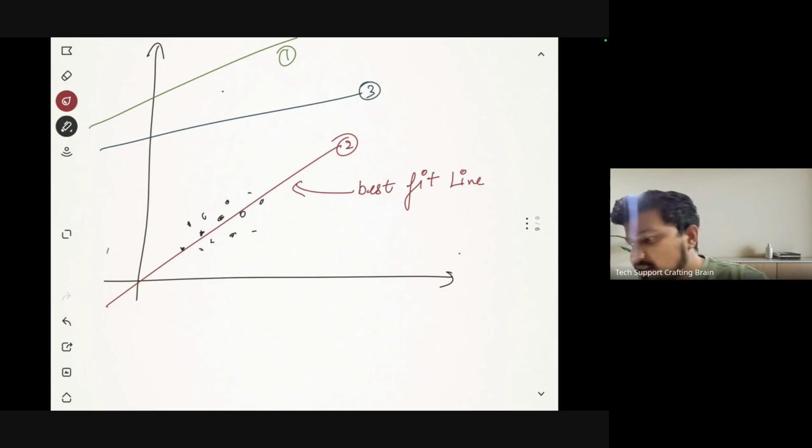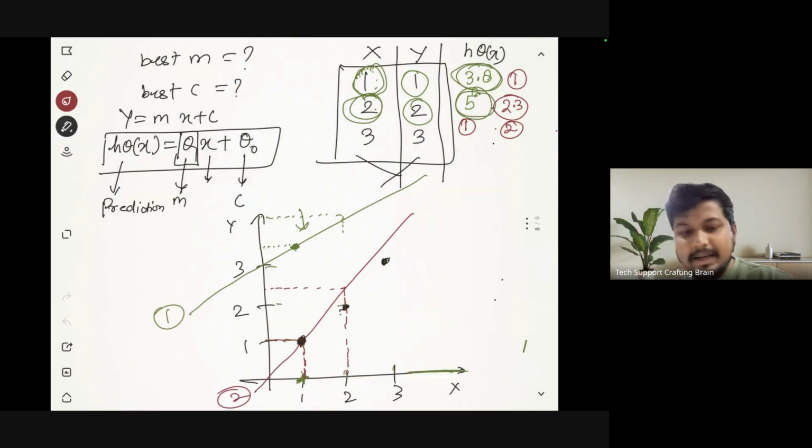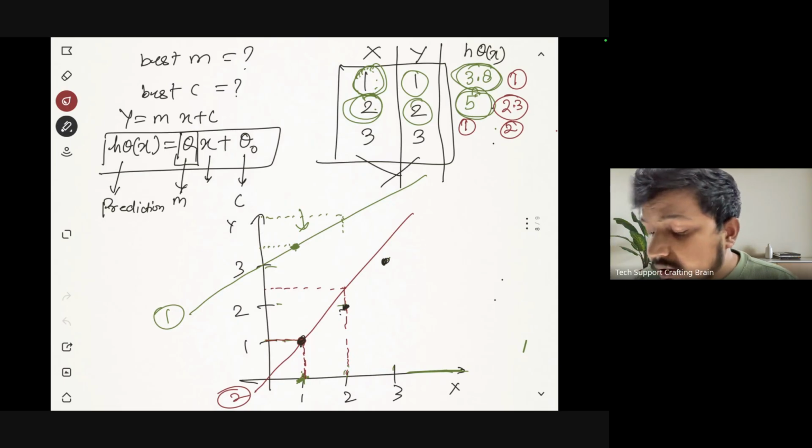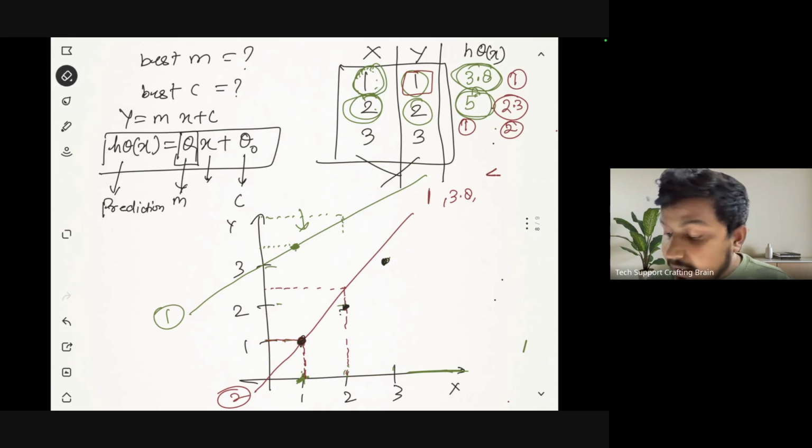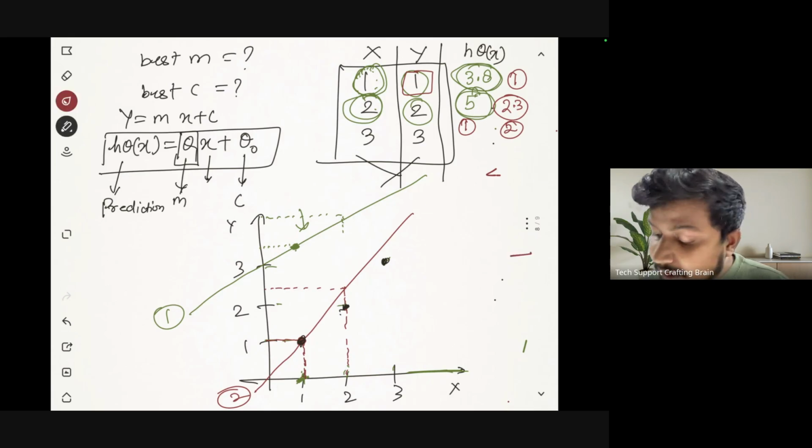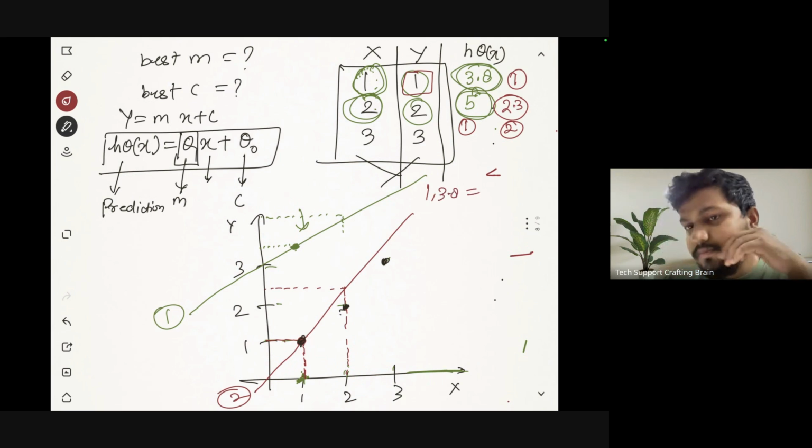Okay. Now, guys, let's come back to the previous step. Here our actual value was 1, but we predicted 3.8. So if our actual value was 1 and we predicted 3.8, how much error are we having?